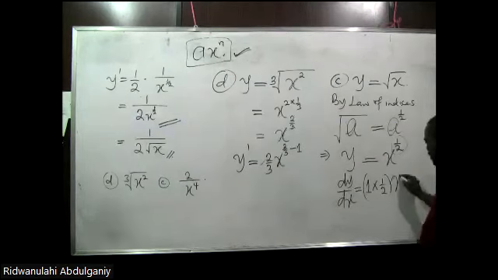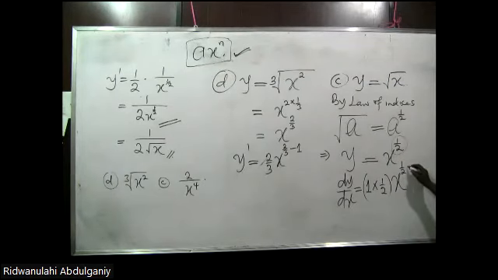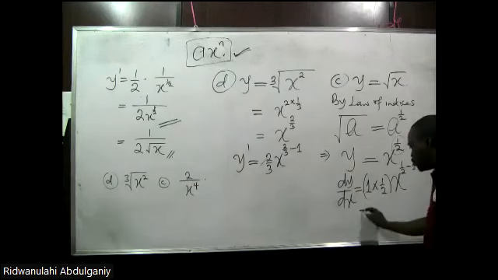Then x to the half. Then what happened here? Minus what? 1 over 2 minus what? 1. Minus 1, thank you. 1 times half.